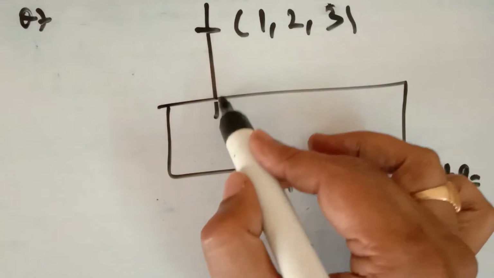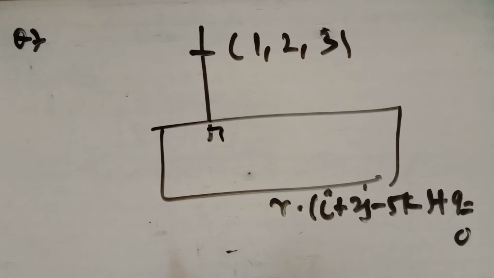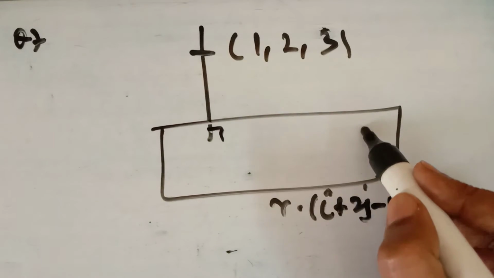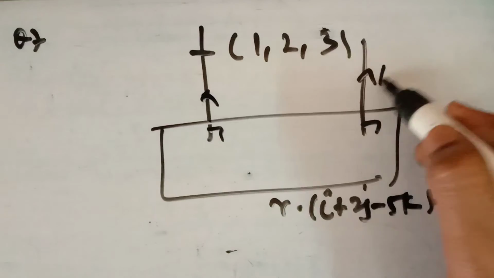When a line is perpendicular to the plane, then it will be parallel to the normal. It will be parallel to the normal.